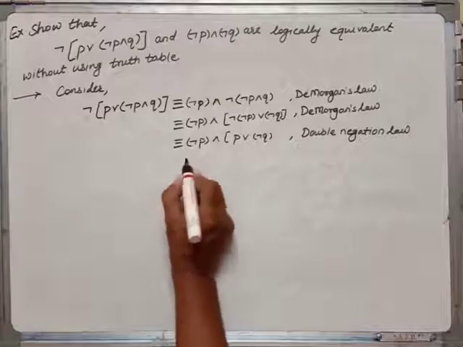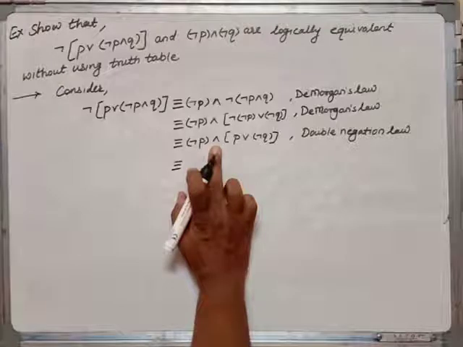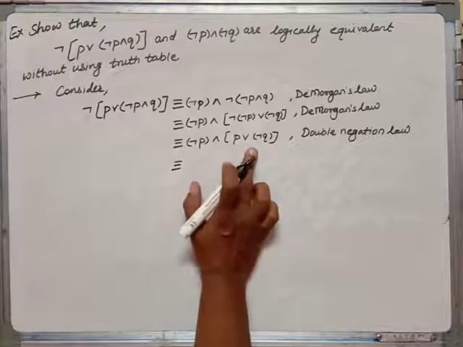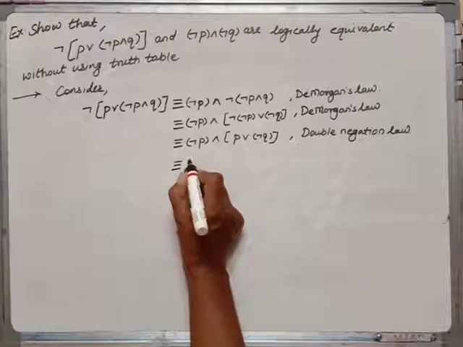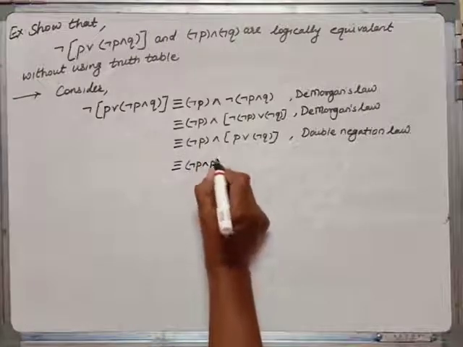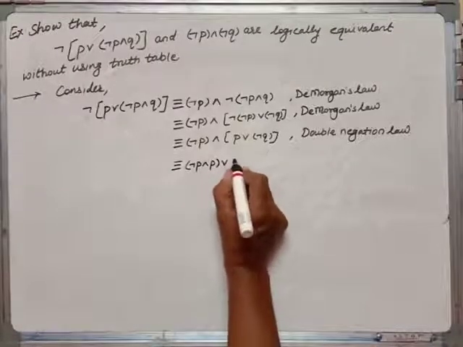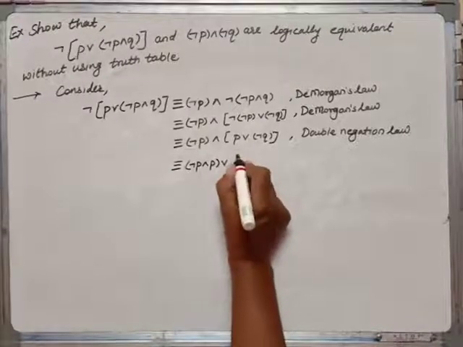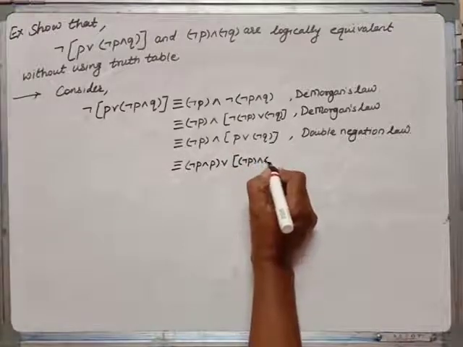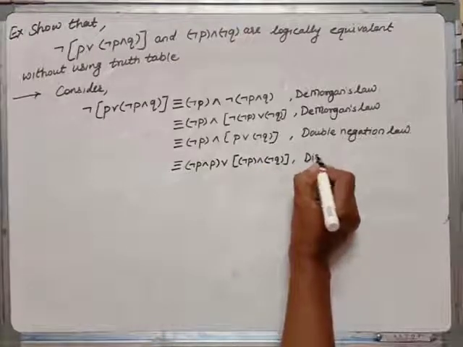Now I have this and, then a parenthesis, with and in between them. So let me use distributive law. Negation P and P, or negation P and negation Q. This is by distributive law.